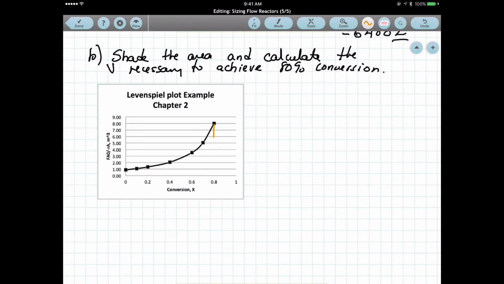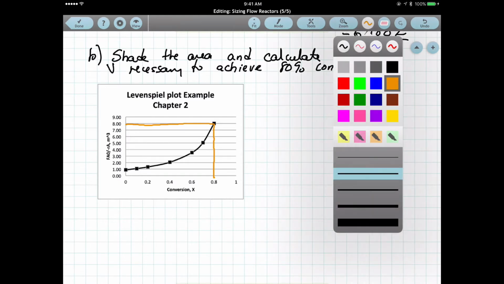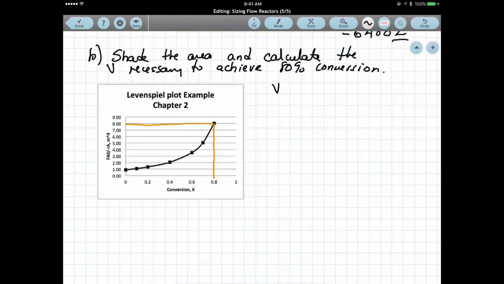If I go here to 80% and then I go here to 8 on the y-axis, from the design equation for the CSTR, we notice that the y-axis in this particular graph corresponds to the height of this rectangle, and this conversion magnitude corresponds to the base of this rectangle.